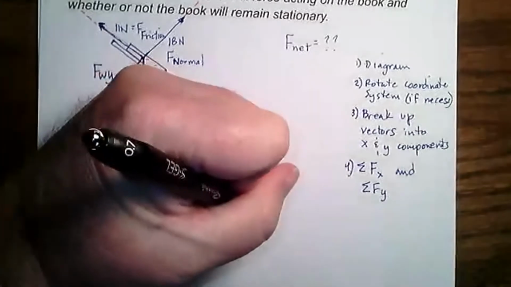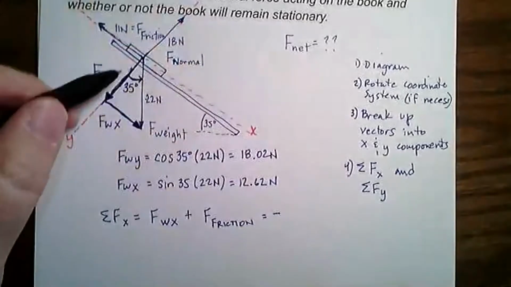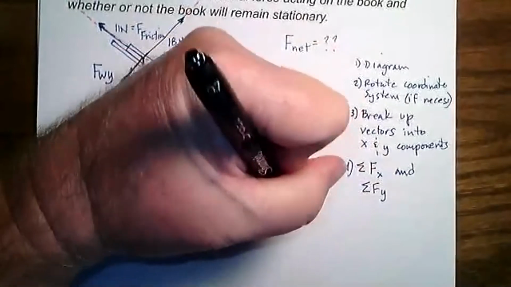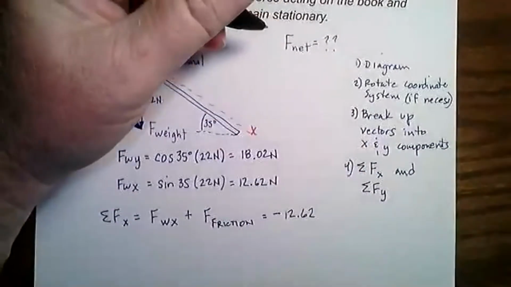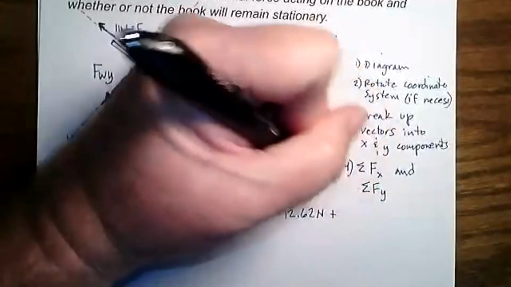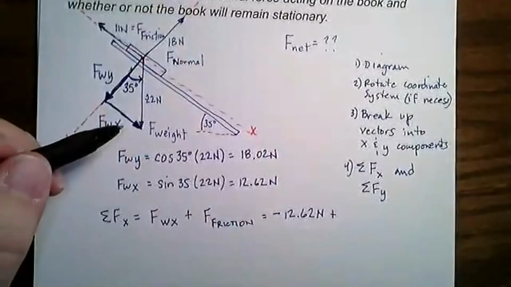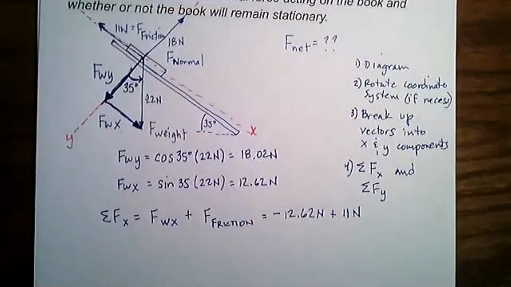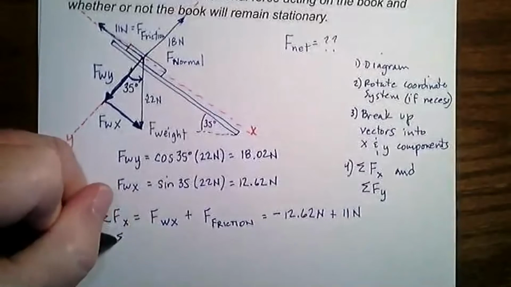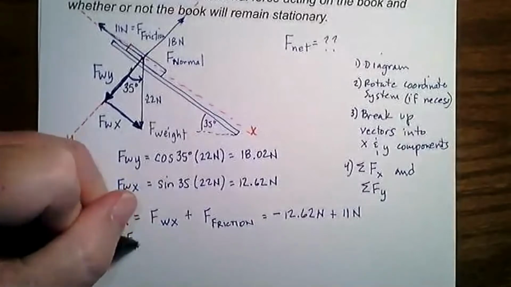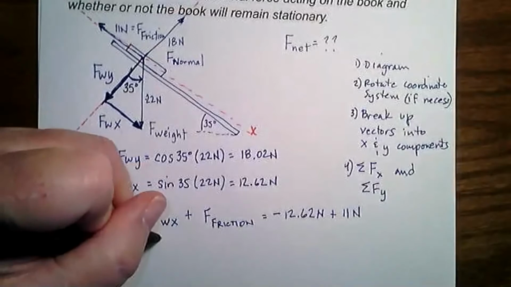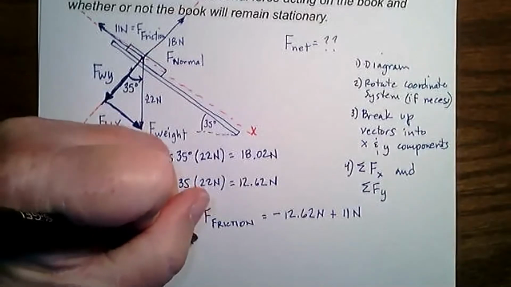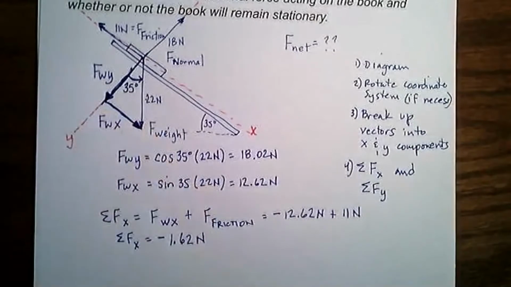So then to get the sum of these, I would have negative FWX had a value of 12.62 newtons, plus my other force was 11 newtons. So the sum of the forces in the x direction is going to be equal to negative 1.62 newtons. Okay.